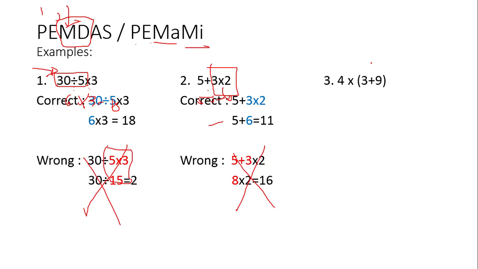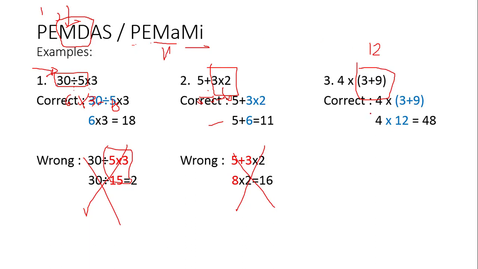Next, 4 times open parenthesis 3 plus 9. So, parenthesis, meron. 3 plus 9, we have 12. Then, 4 times 12, we have 48.